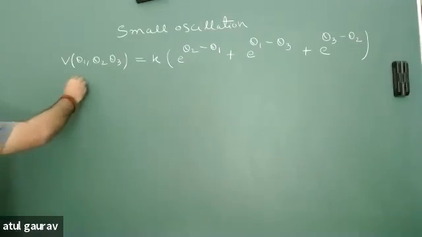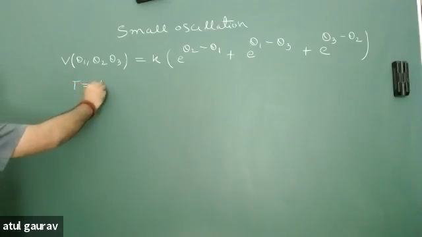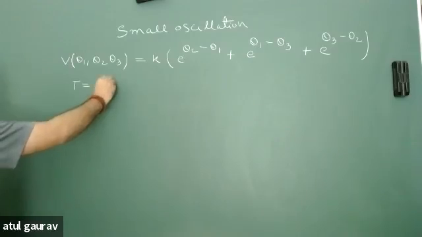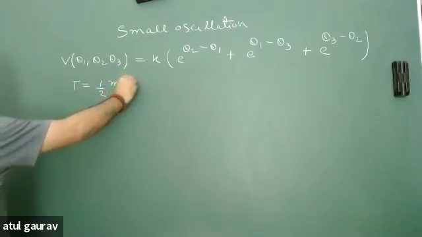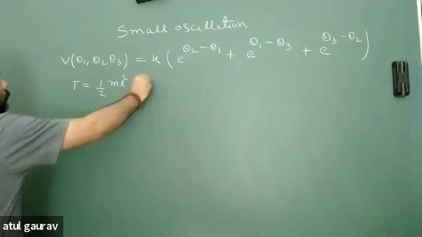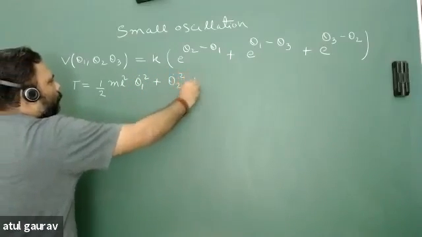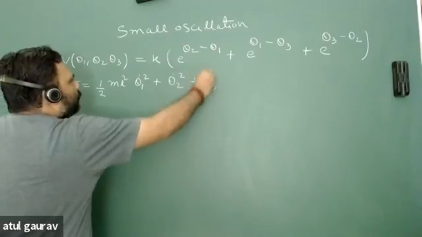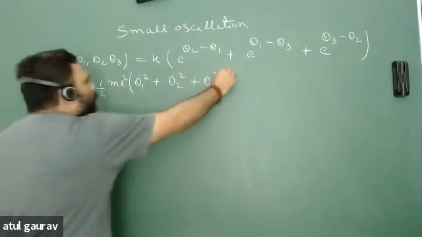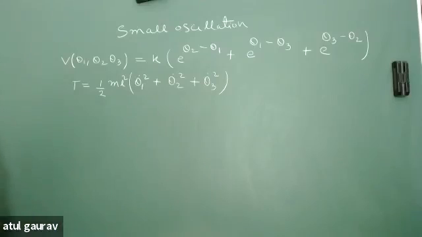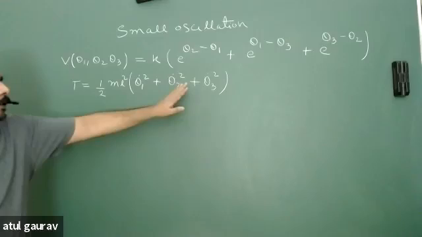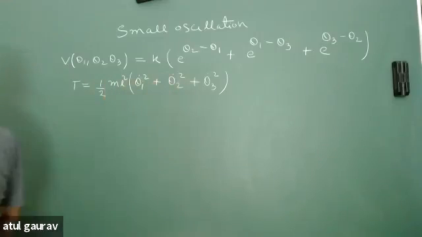So let's say the kinetic energy T is equal to half m L square times theta 1 dot square plus theta 2 dot square plus theta 3 dot square. Don't worry, maybe this kind of situation is there. This is potential energy, this is kinetic energy. Kinetic energy is very straightforward right now.